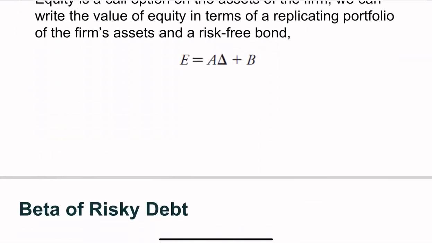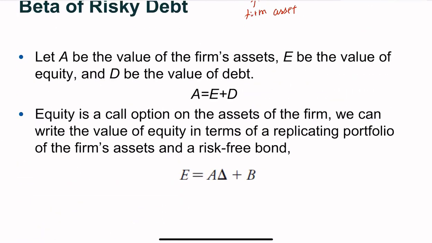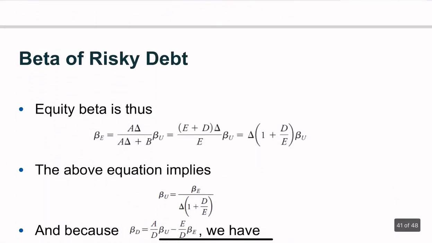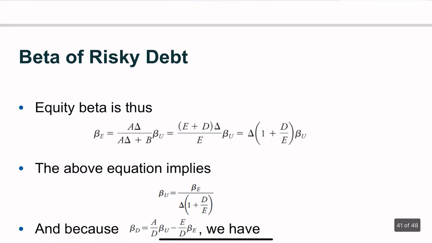And then we also learned, which is simple, that the value of the firm can be decomposed into the value of equity and the value of debt, right? Then combining these two results, let's see what we can do here. First, let's think about how beta of equity and unlevered beta are related.